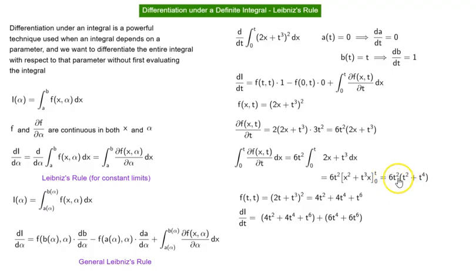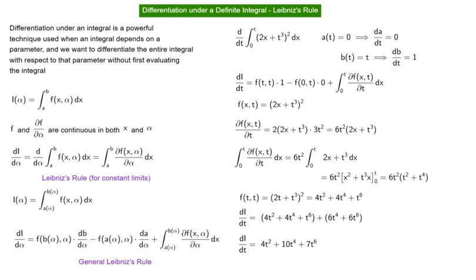If we multiply these two or distribute, 6t^4 plus 6t^6. And simplifying that, we get dI by dt is equal to 4t square plus 10t to the power of 4 plus 7t to the power of 6. So that is the desired integral.